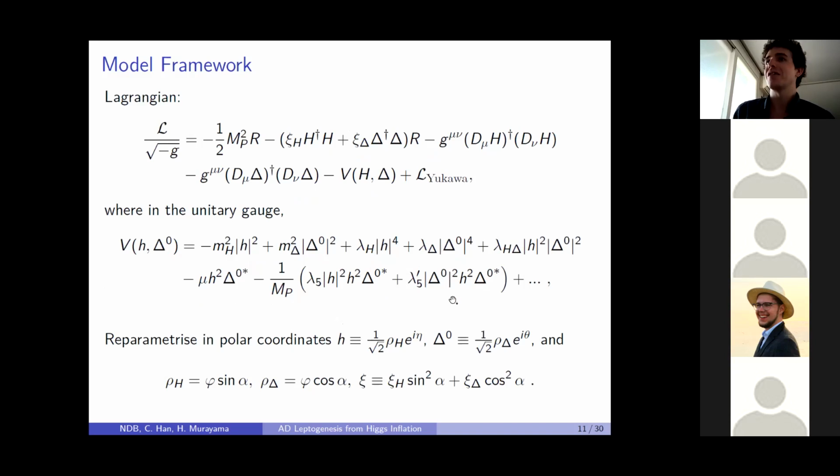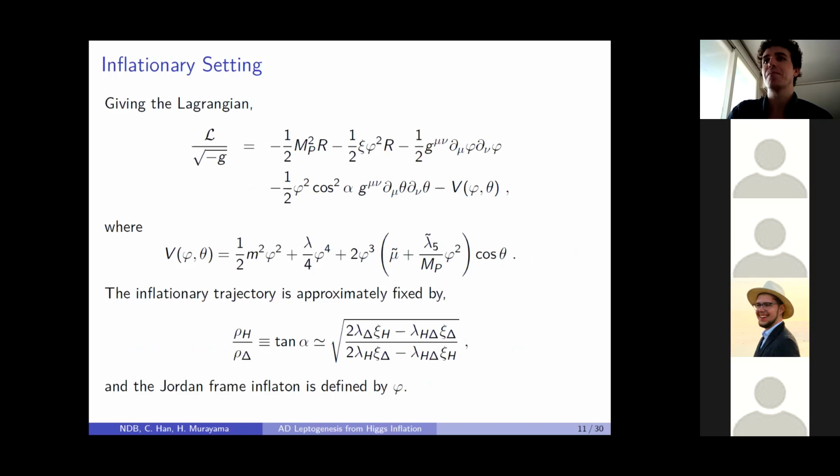One can also see that the reason we've introduced a non-minimal coupling for both of these fields is that all of the lepton number violating terms contain both Higgses and deltas. So we need both fields to play some role so that they aren't massively suppressed, or so that these violating interactions do play a role during inflation. That's an important point, and is why we consider this two-field case.